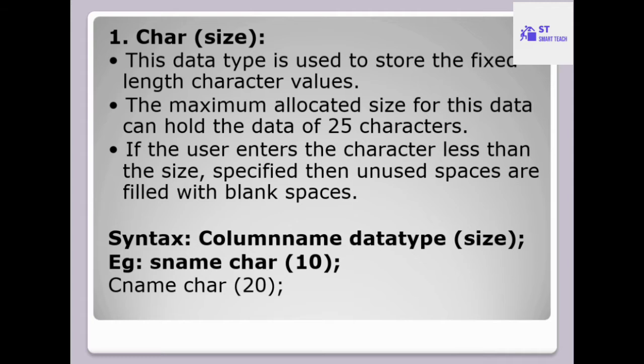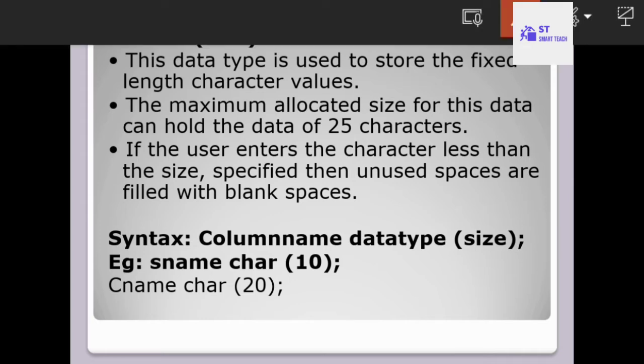Okay. Next, one more example. CNAME means customer name, character 20. So here the size of character is 20. For example, here the student name is Raju, and the size is 4 characters.